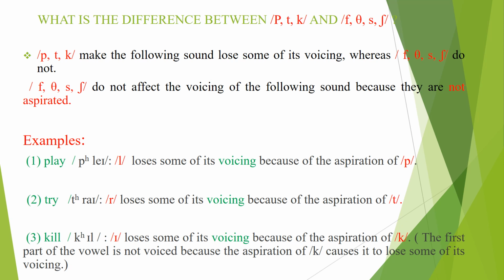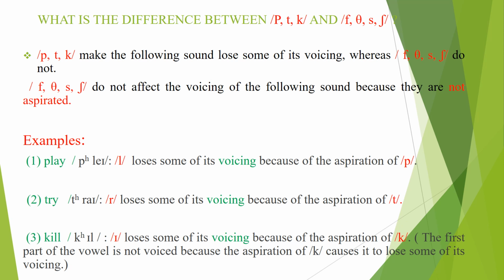This difference is that p, t, and k make the sound that comes after them lose some of its voicing, whereas f, th, s, and sh do not make the sound that comes after them lose some of its voicing. F, th, s, and sh do not affect the voicing of the following sound because they are not aspirated.